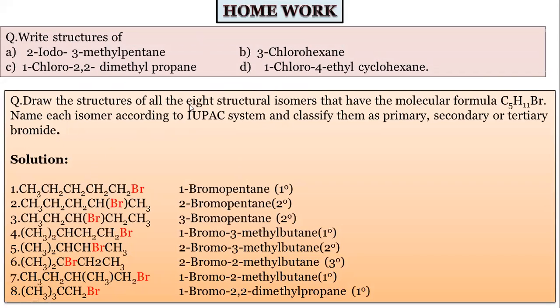Draw the structures of all the 8 structural isomers that have the molecular formula C5H11Br. First, we have to prepare the different isomers. The answers are also given. These are the 8 different isomers, and the IUPAC name of each isomer is given. This is for homework.